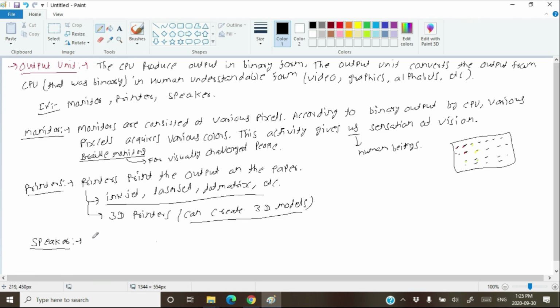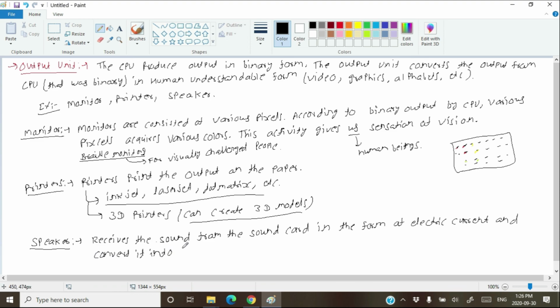The speaker receives the sound from the sound card, in the form of electric current, and converts it into sound. And the sound is audible to the users.